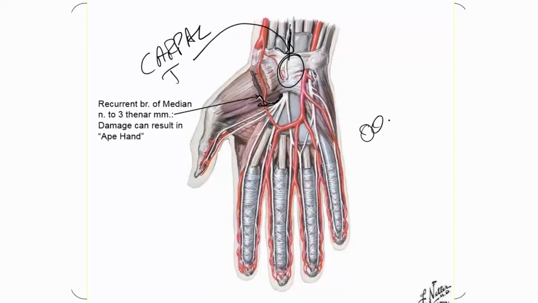Carpal tunnel syndrome is when we have problems that cause compression of the median nerve as it's going through this space. One should look at the bones of the wrist and see that when they are in the wrist, we'll just indicate them this way, they form this depression, if you will, this concavity anteriorly.